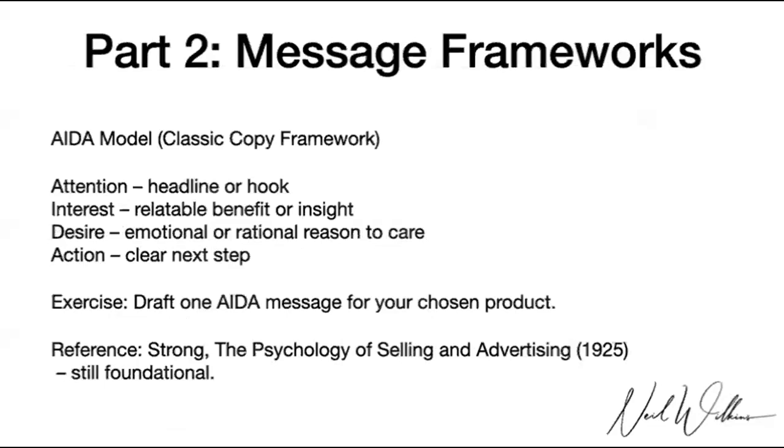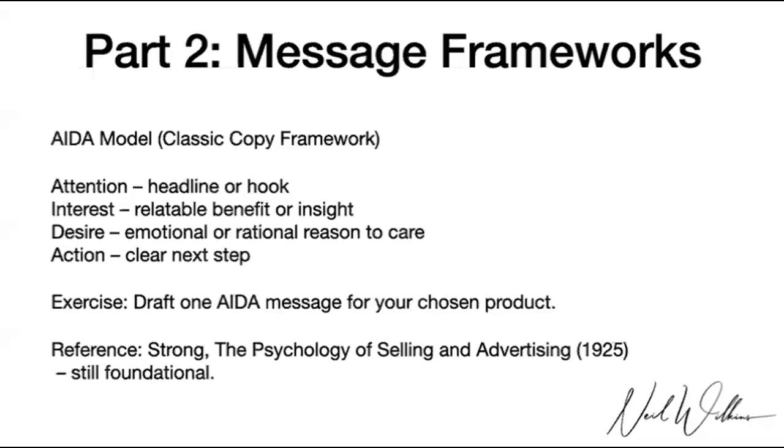Then we can move to part two, which is our message frameworks. Seeing where the message is going to fit within a longer journey of experience or engagement with the target audience. And for this, we might be using something like the AIDA model. This is a classic copy framework: attention, interest, desire, and action.